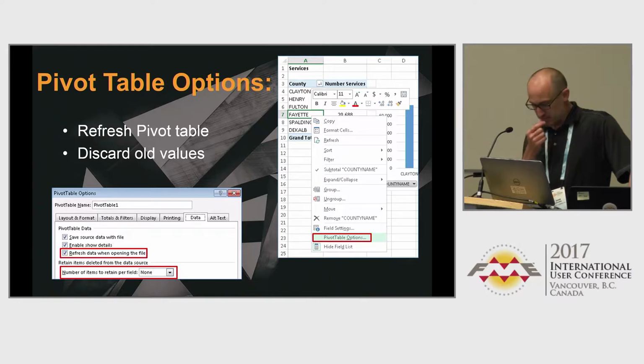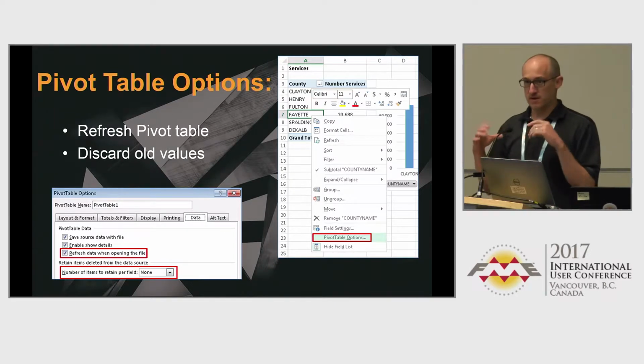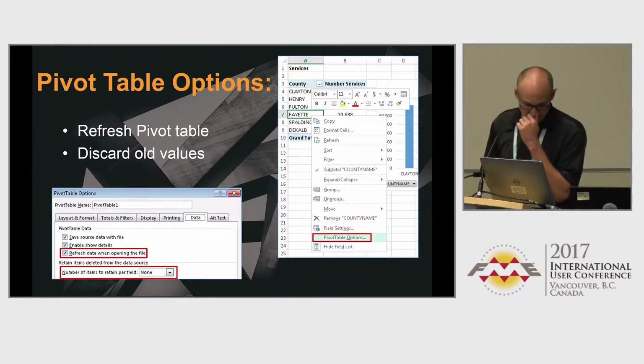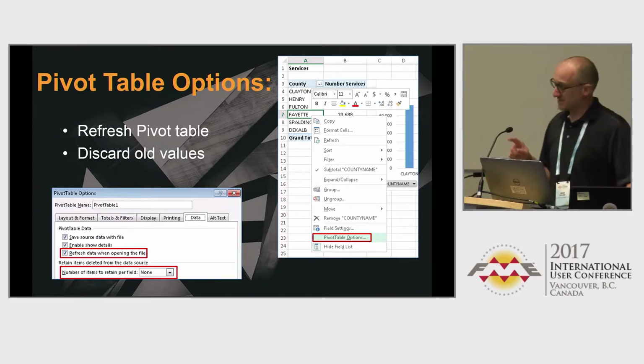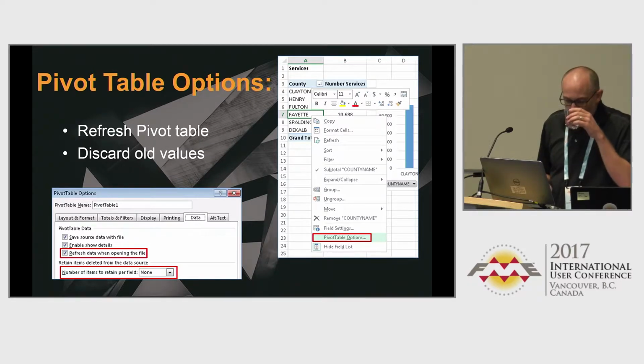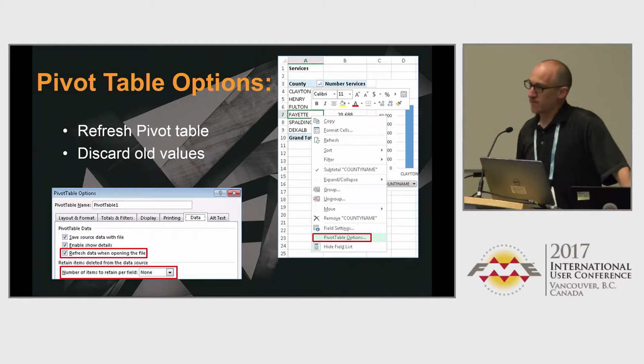Now, the other tweak that's important here is the number of items to retain per field, which is set to none. When you set your template file up, you're going to have some sample data in there, and that template file you don't ever want to modify. It's going to sit there, and FME is going to look at that to know how to format the data when it writes to it. By setting this to none, you're purging the data from the pivot table.